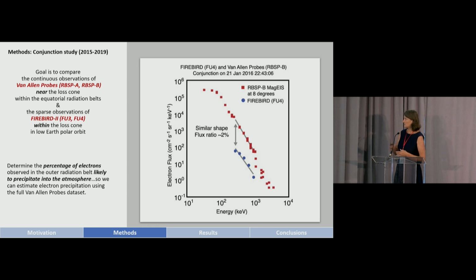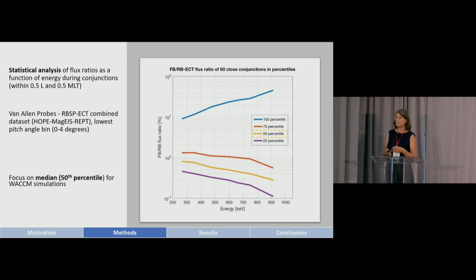And so we looked at the flux ratios during these conjunctions and conducted a statistical study of these flux ratios as a function of energy.